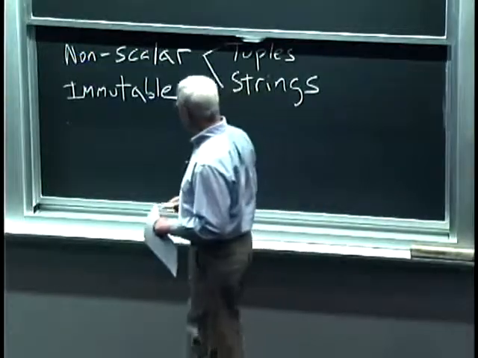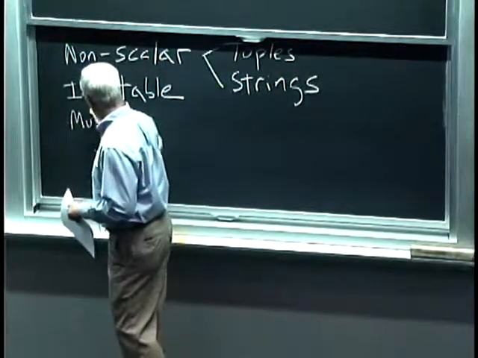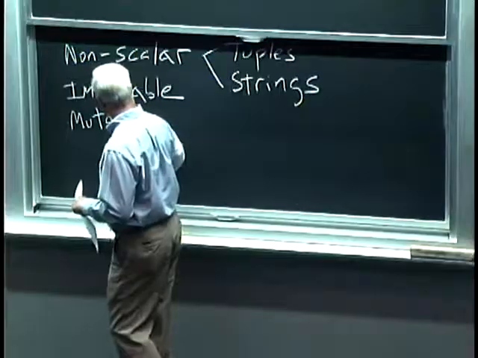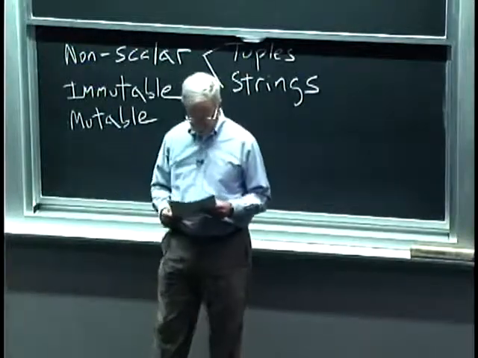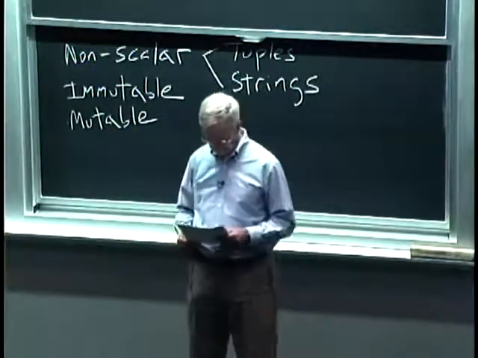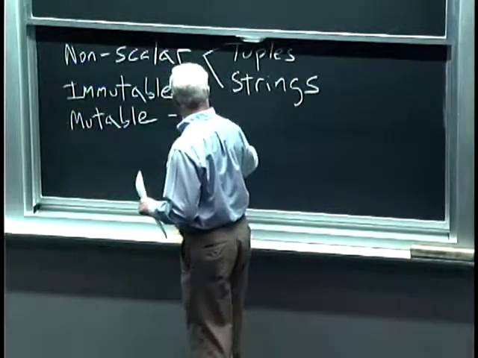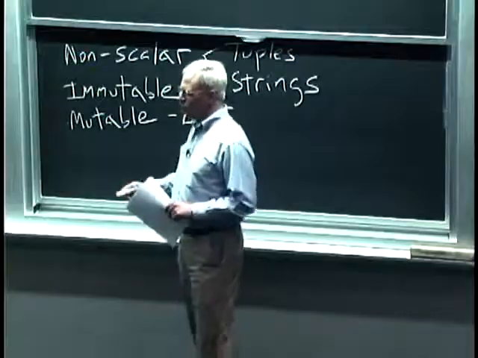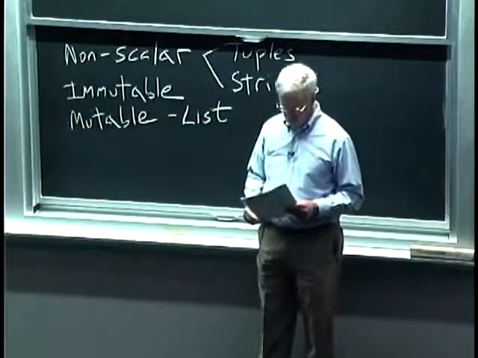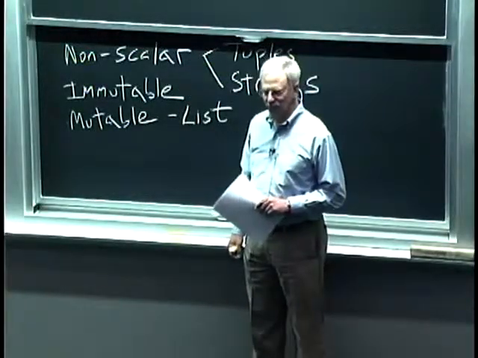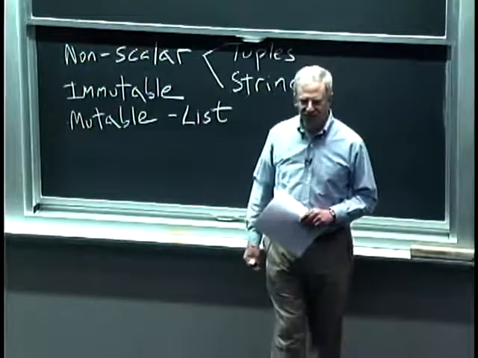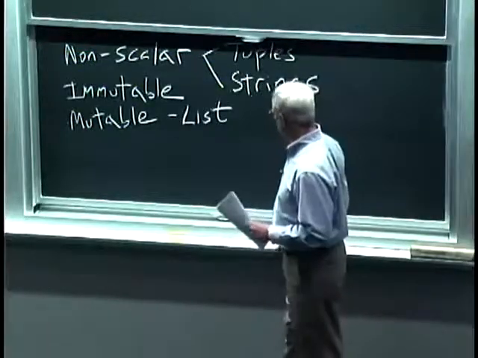Well, now we're going to talk about some mutable types, things you can change. And we're going to start with one that many of you have already bumped into, perhaps by accident, which are lists. Lists differ from strings in two ways.